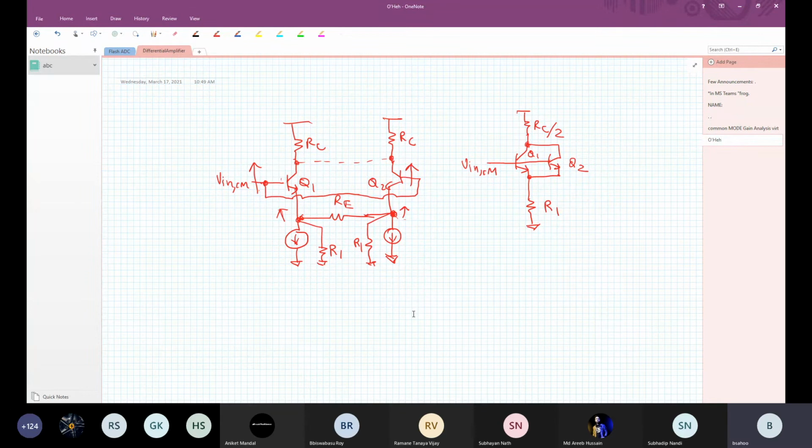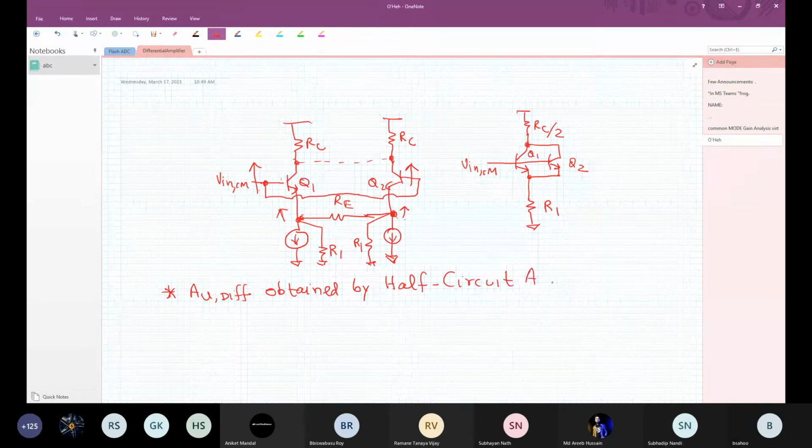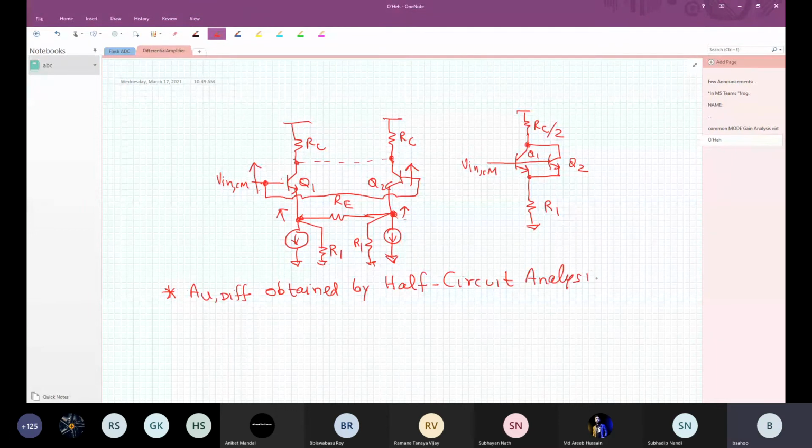Okay, so with this I'll stop the class. I thought I'd do the large signal analysis. Let me summarize what we did. There is AV diff, obtained by half circuit analysis. I might give you tricky problems where you have to obtain the half circuit in a weird way.